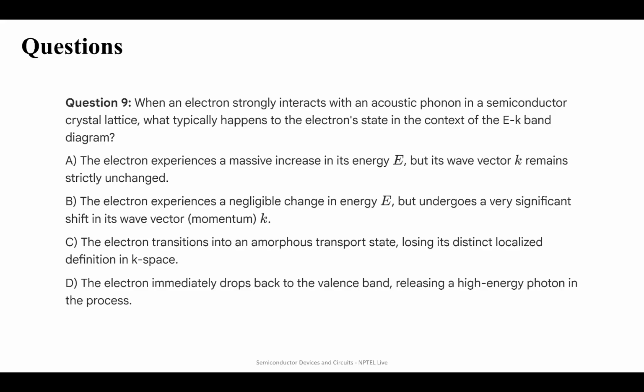Option B. The electron experiences a negligible change in energy E, but undergoes a very significant shift in its wave vector, momentum k. Option C. The electron transitions into an amorphous transport state, losing its distinct localized definition in k space. Option D. The electron immediately drops back to the valence band, releasing a high energy photon in the process.